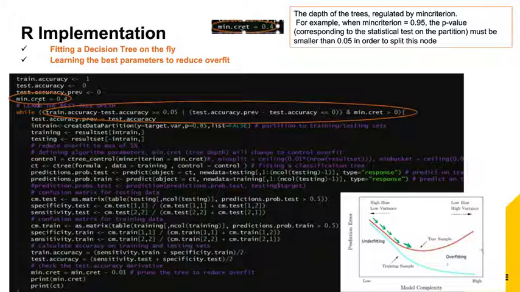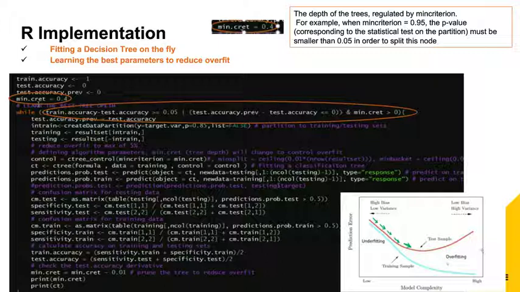Also, importantly, there's the decision tree building. Let's go over it quickly. So first of all, and this is a tip or a hint for you, for each iteration, we are partitioning the data into a training and a testing set.